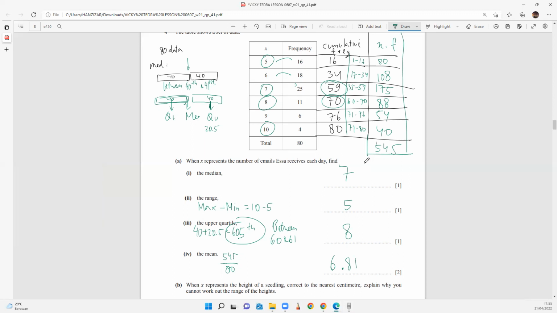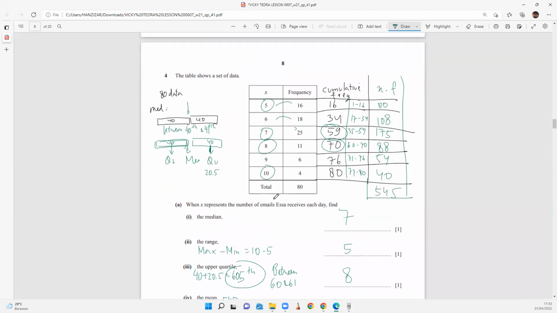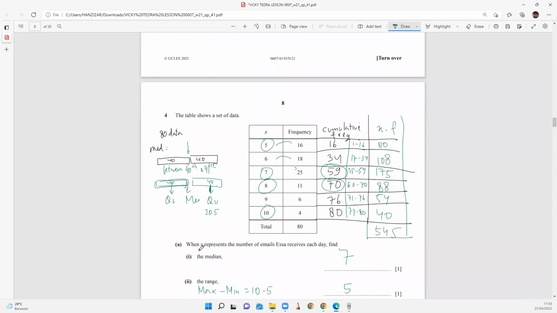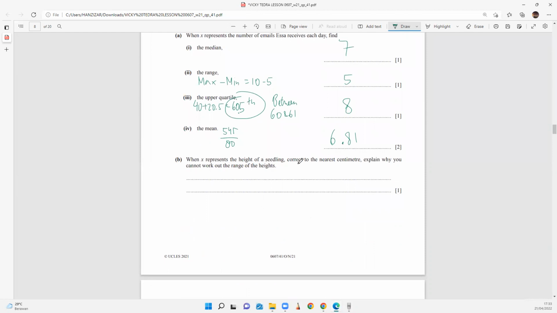Okay, now x, if you see the question, x represents the number of emails. But when x represents the height of the seedling, correct to the nearest centimeter, explain why you cannot work out the range of the height. I think this is very simple to answer. This is about the logic. You just try to explain why it is not working.